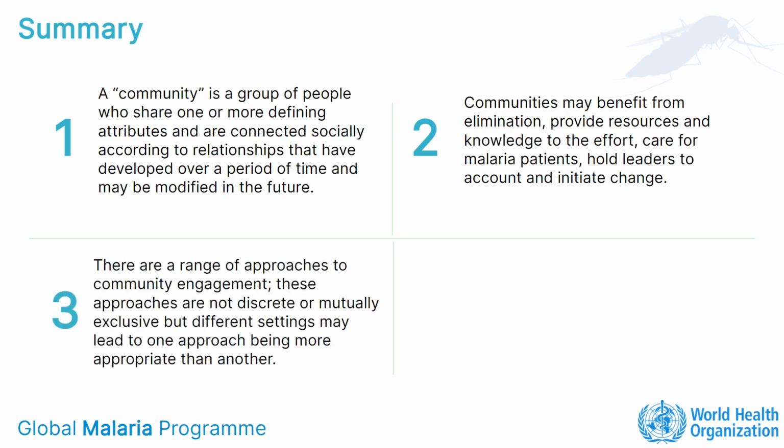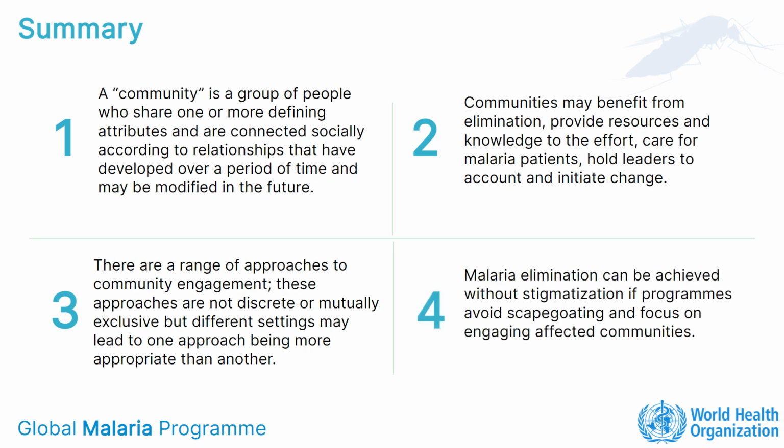There are a range of approaches to community engagement. These approaches are not discrete or mutually exclusive, but different settings may lead to one approach being more appropriate than another. Malaria elimination can be achieved without stigmatization if programs avoid scapegoating and focus on engaging affected communities.